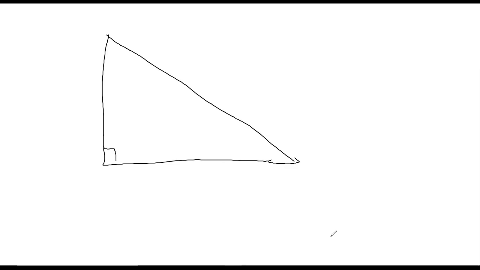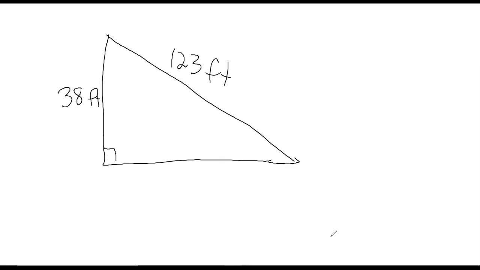It says it's got a 123-foot hypotenuse. Hypotenuse is always opposite the right angle. And a 38-foot leg. Which leg? Well, it didn't tell me which leg, so I'm just going to pick one. It's got a 38-foot leg.